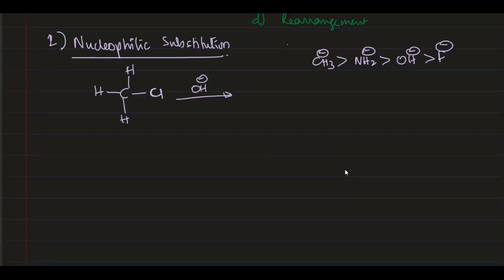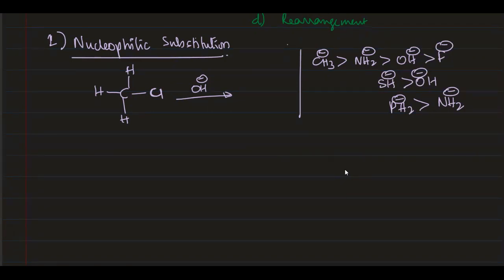And we also should know SH minus is a better nucleophile than OH minus. Similarly, phosphide ion, sorry, PH2 minus is more nucleophilic than amide ion. So this is a general nucleophilicity order.